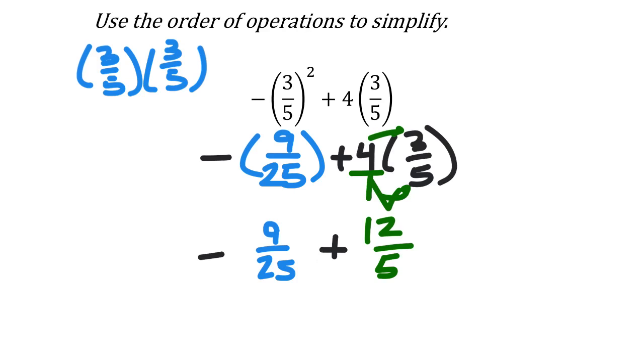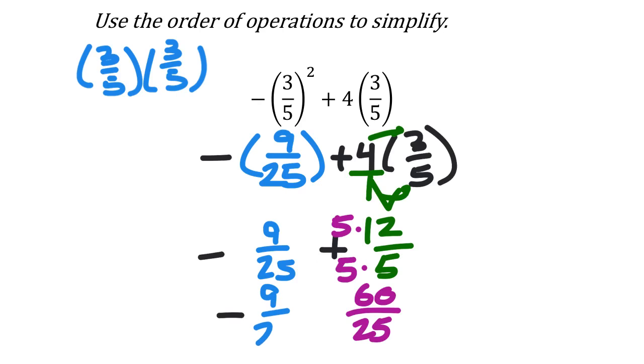Well, I'm gonna use the common denominator of 25, because I know 5 times 5 is 25. So I'll multiply the 12 by 5 as well to make that 60 25ths. So I got negative 9 25ths plus 60 25ths.